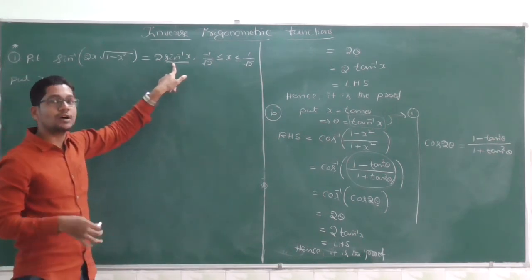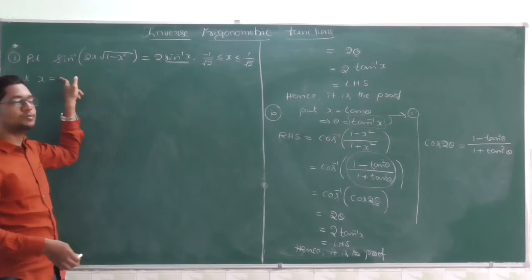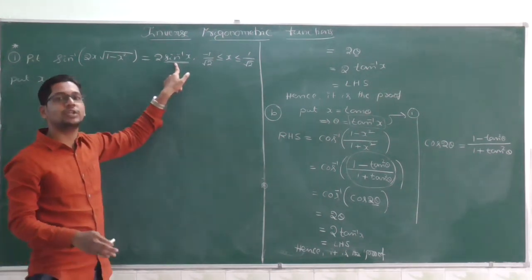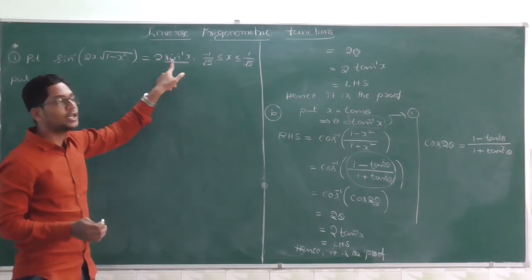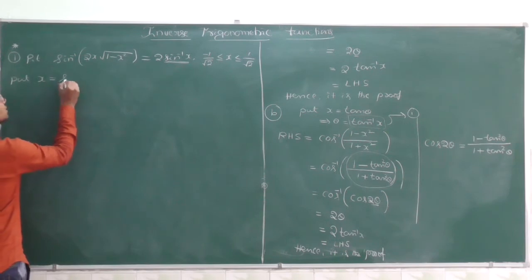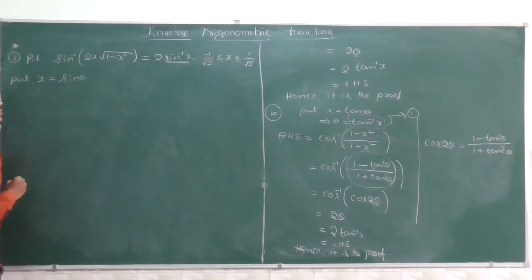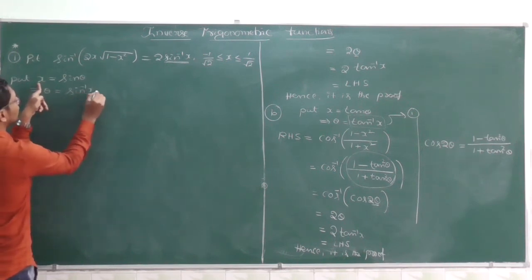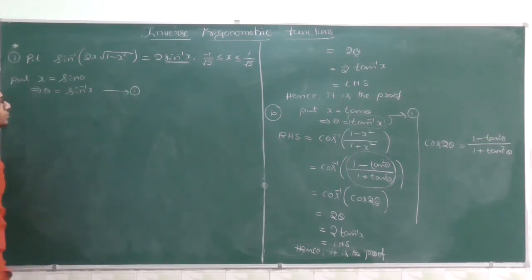Suppose if it were cos inverse x, then put x equals cos theta. Similarly here, in the right hand side we have sine inverse x, so put x equals sine theta. If x equals sine theta, then theta equals sine inverse x. Call this equation number 1.